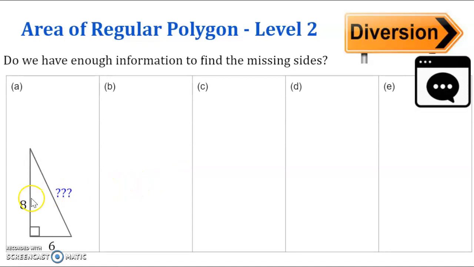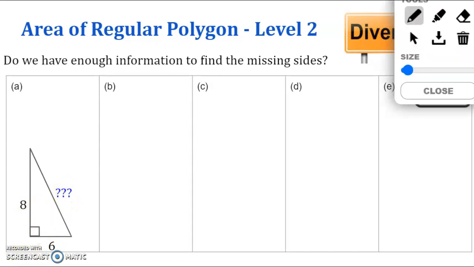So with A, if I am given this right angle triangle, and we know that it's a right angle because of this little square, with the leg lengths of 6 and 8, can we figure out what the hypotenuse is? How do we do that? Hopefully you're telling me you can find the third length, the hypotenuse, by using the Pythagorean Theorem: leg squared plus leg squared is going to be the hypotenuse squared.